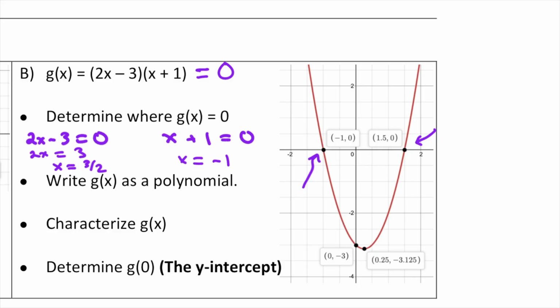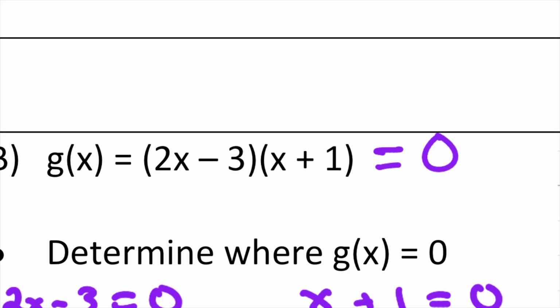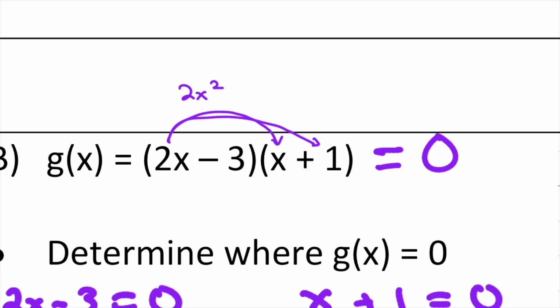Okay, so our next step is to write g of x as a polynomial. Right now, it's not a polynomial. If we multiply the x times the 2x times the x, we'll get 2x squared. Then we multiply 2x times 1. That's plus 2x. Multiply, we get negative 3x and negative 3.